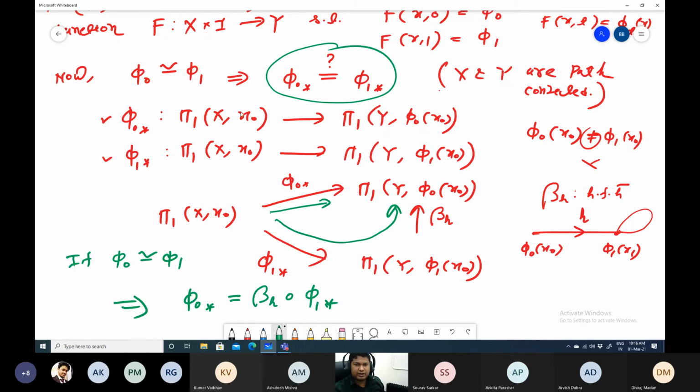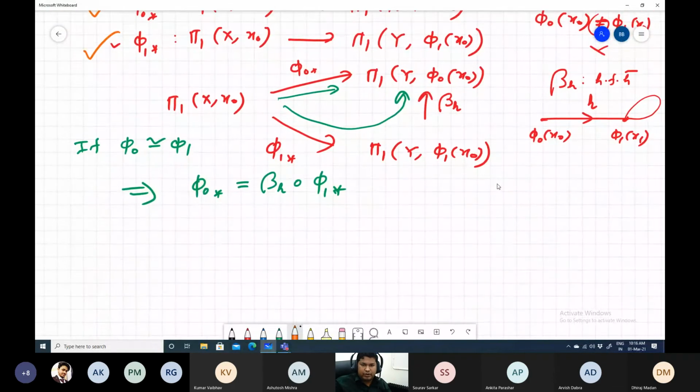Phi star. Is that clear? Yes. Okay, this is clear. Now what about this one? Is that clear? So therefore we have this figure. Yes, sir.